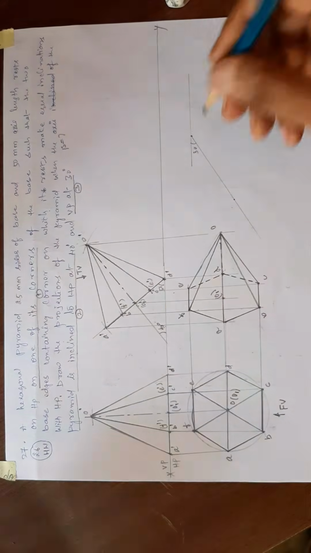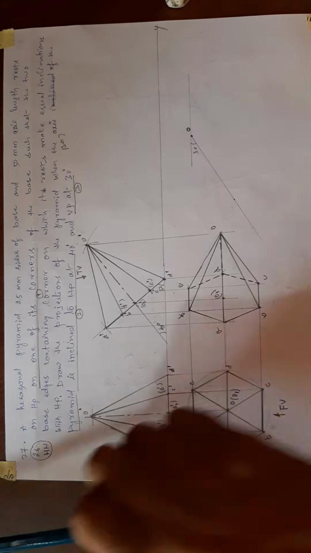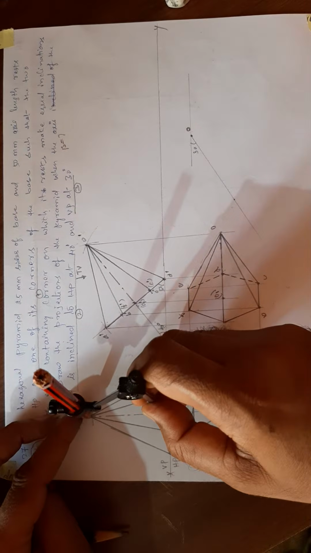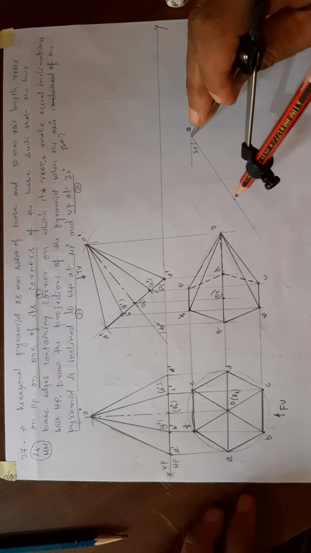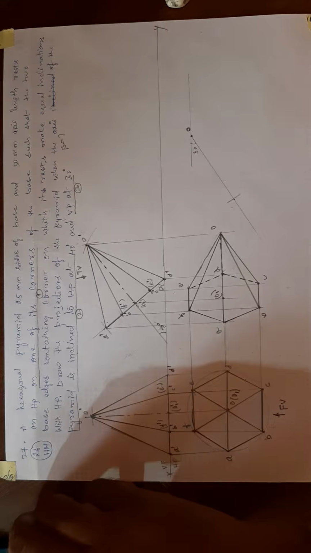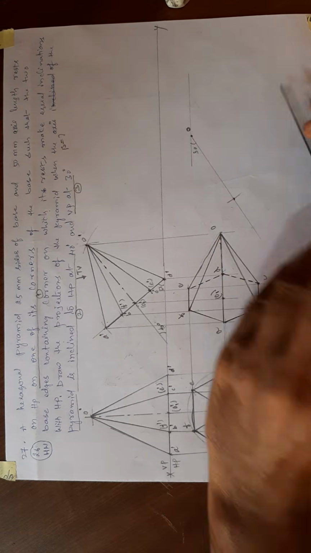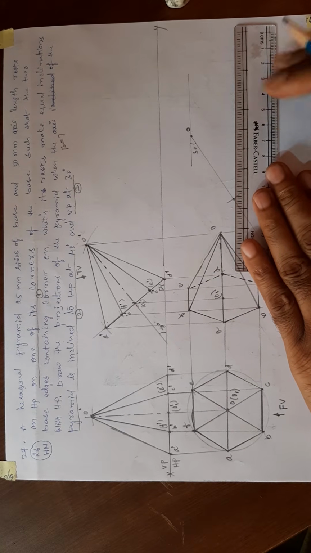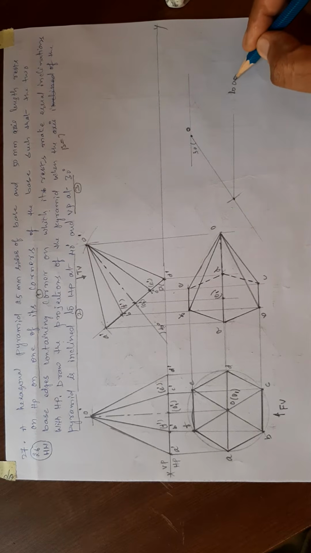I will take this as O dash, and this as O. Then measure the true axis length, how much it is, 50. Now keeping the compass, cut this, and through this point draw a horizontal line which indicates the locus. Now this point is on the locus.